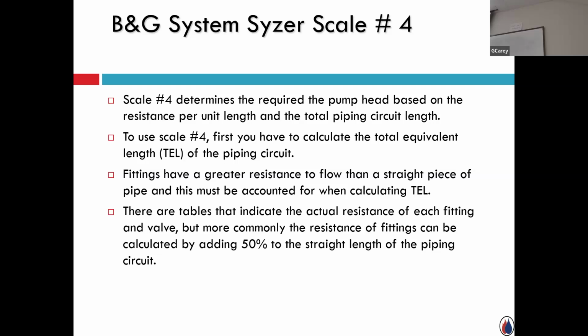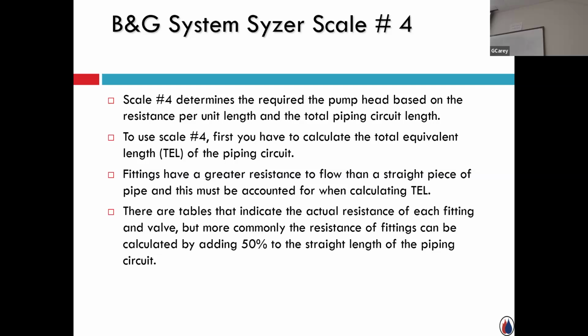TEL. Fittings, I think we touched on it briefly last week. Fittings have a greater resistance to flow than a straight piece of pipe, so there's an equivalent length of straight pipe that equals the pressure drop of that 90, that T, that 45.